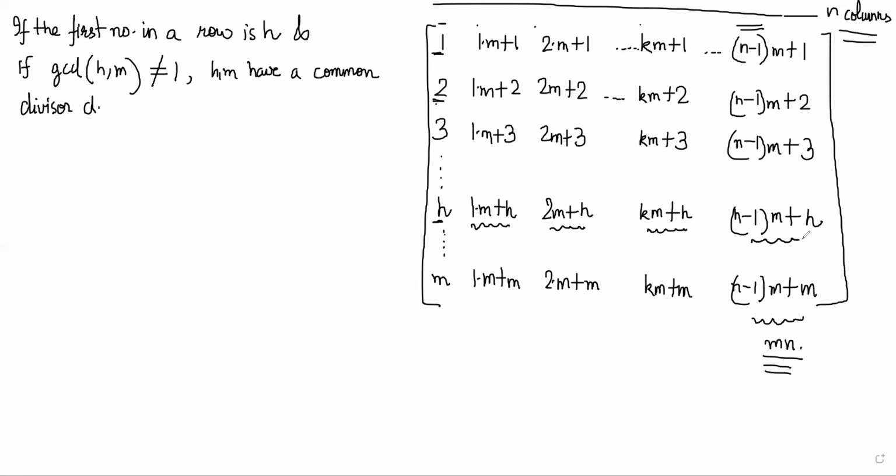This is like the Euclidean algorithm. We will basically cancel off numbers which are not coprime.